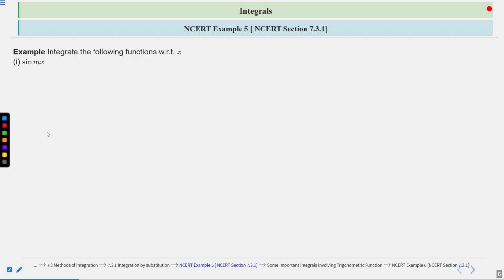Let us discuss how we can solve the given question. Okay, let's see how we can solve this.